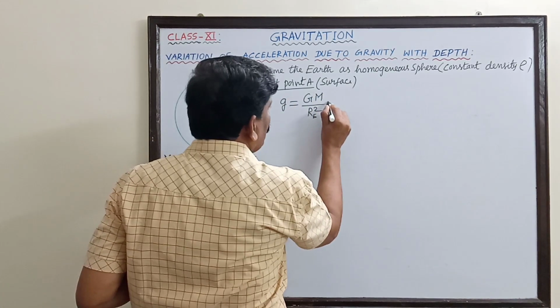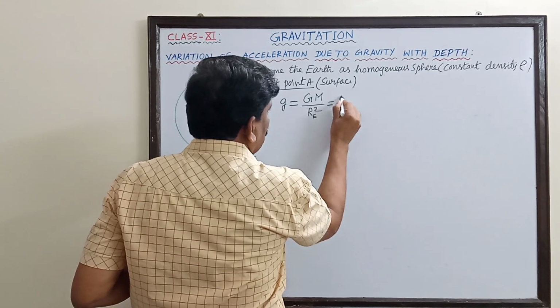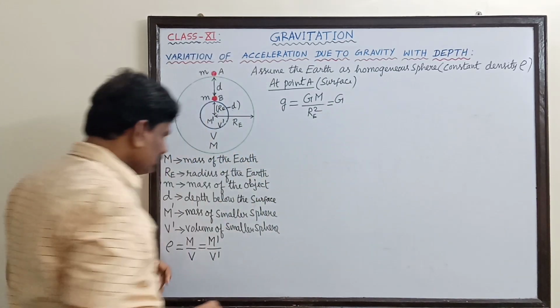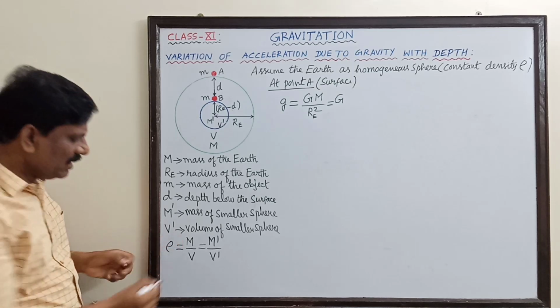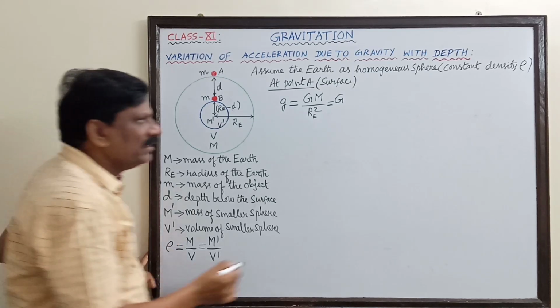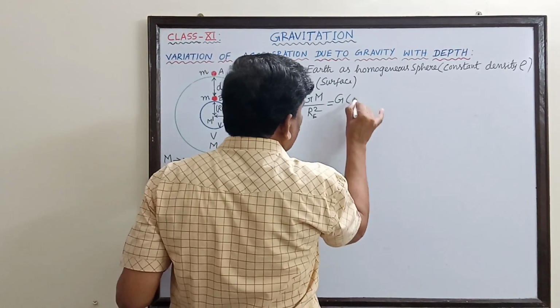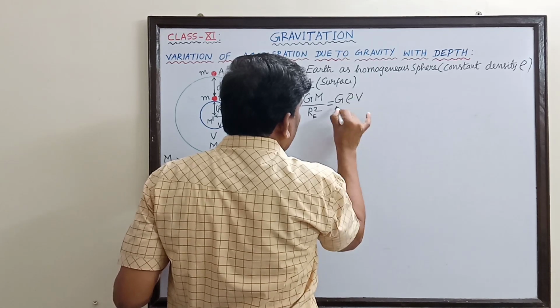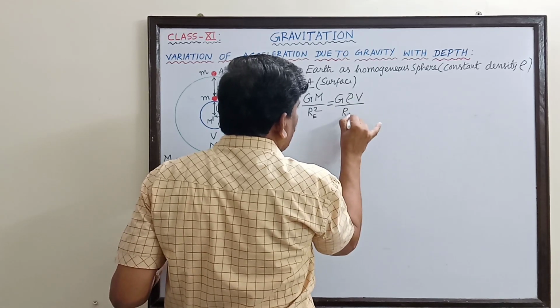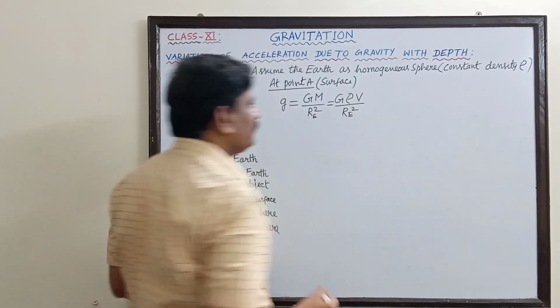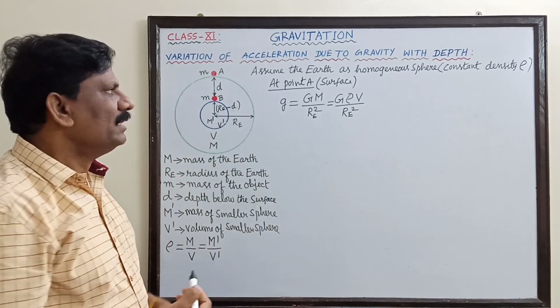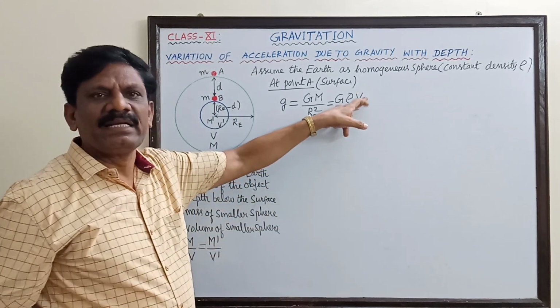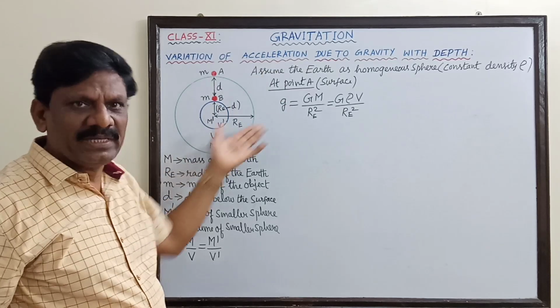So this is equal to G into, instead of capital M, I can substitute rho into V, so density rho into V divided by Re square. Now the volume of the entire earth, the volume of a sphere, I am going to substitute.